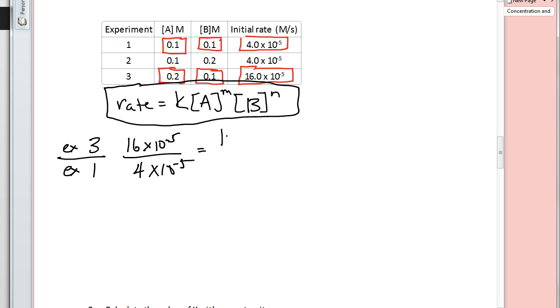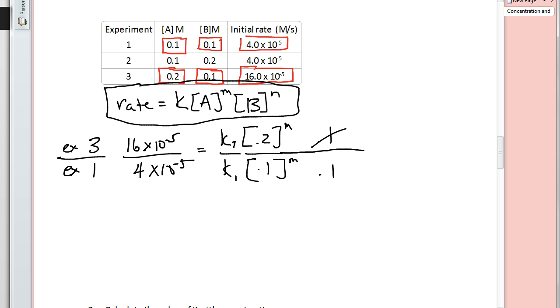It's going to be equal to K for experiment 3 over K for experiment 1 multiplied by A, which is going to be 0.2 raised to the m power over 0.1 raised to the m power. And just for the fun of it, I'm going to throw in B, even though it doesn't matter. It's going to be 0.1 over 0.1, and we know right off they're going to cancel, and then K's are going to cancel as well.